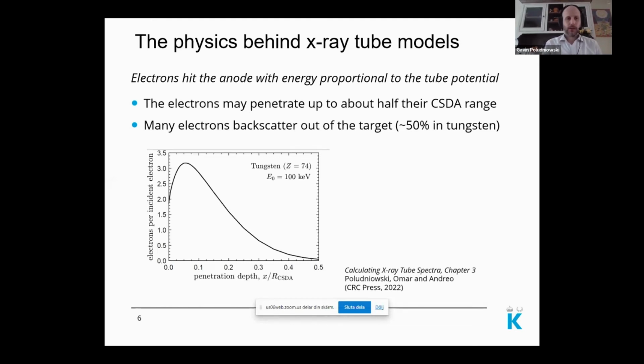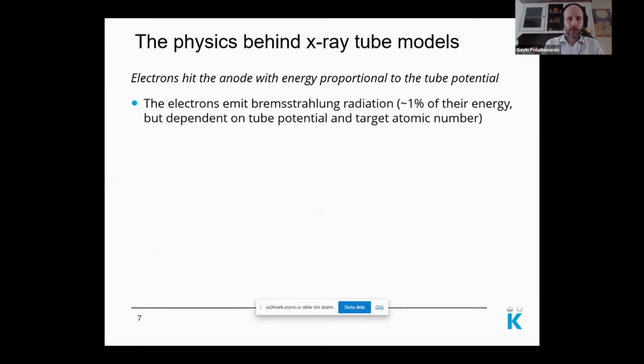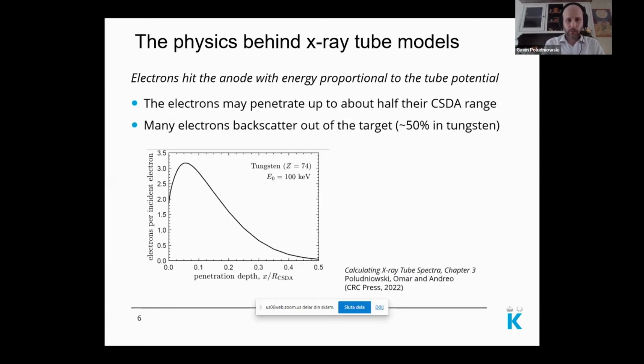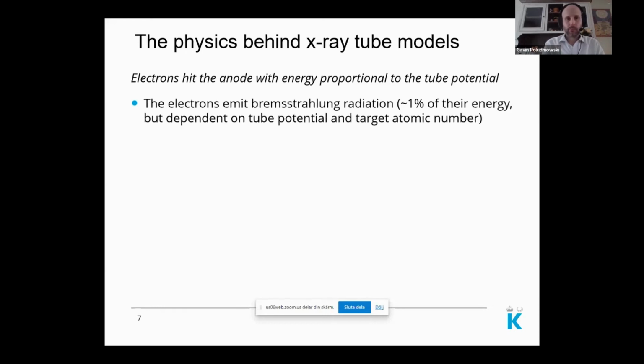And as you can see from this, you have a peak at about 10% of the range, and then it's attenuated to be very low by the time you get to half the range. So depending on the depth at which they emit Bremsstrahlung, we get different self-attenuations by the anode.